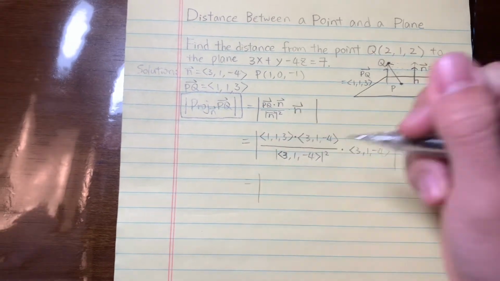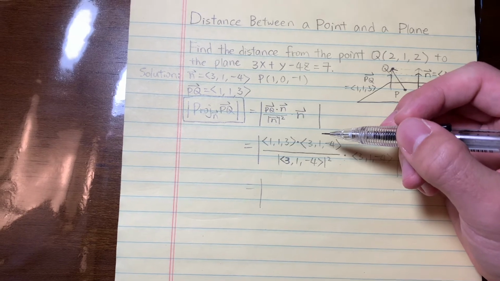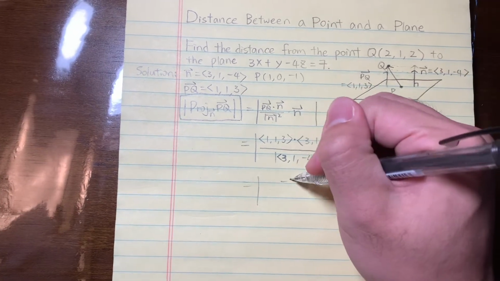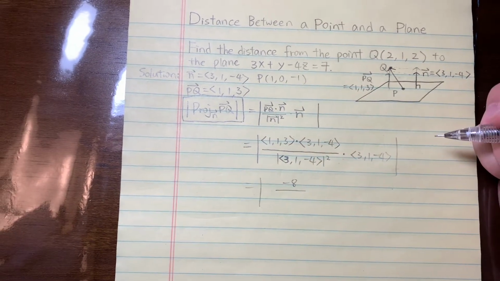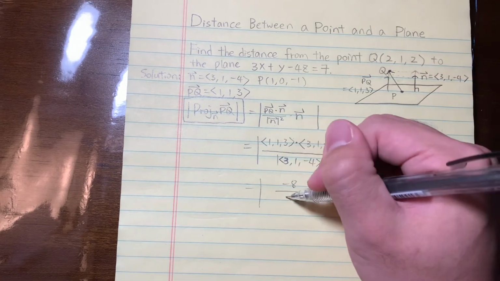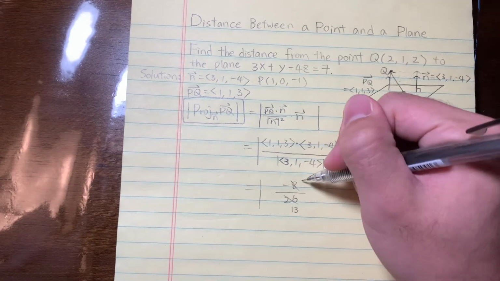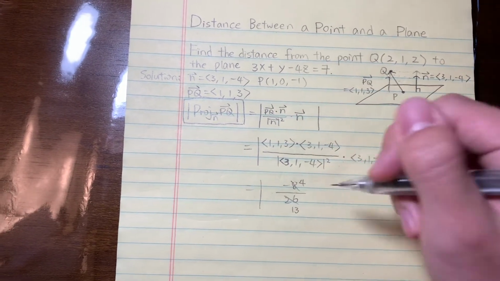So now I get 1 times 3 equals 3, 3 plus 1 equals 4, 4 minus 12 equals negative 8. And on the denominator, it'll be 26, which cancels out to 13 and then 4.